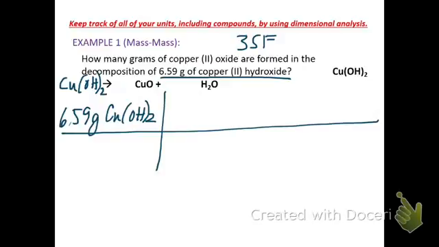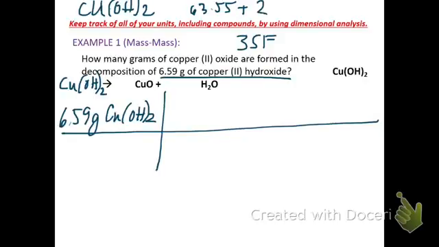Okay? So I'm going to need the molar mass of copper hydroxide. Okay? So we'll jot it down up here. Okay. So copper hydroxide. Copper is 63.55 plus I have 2 oxygen.